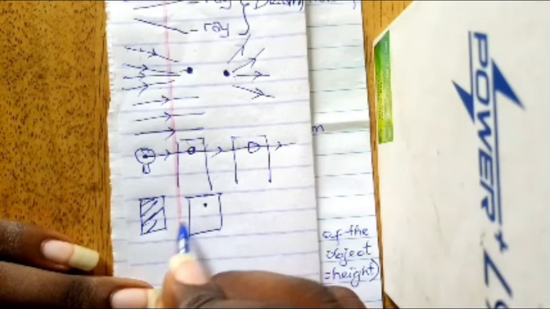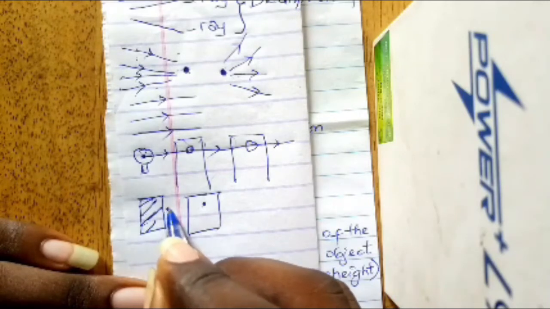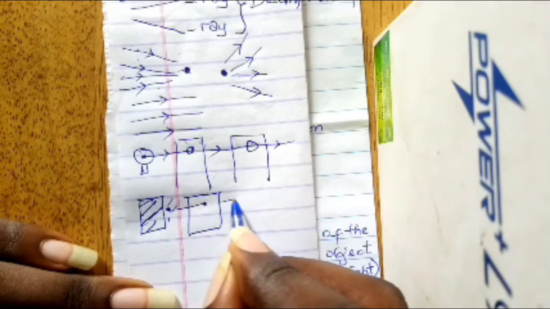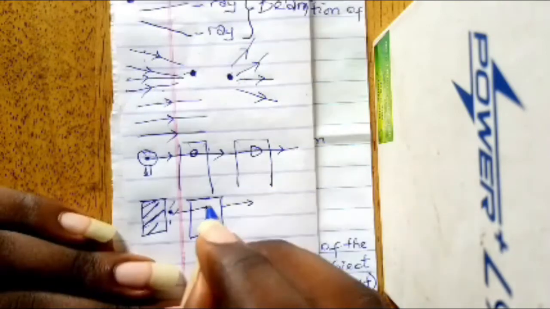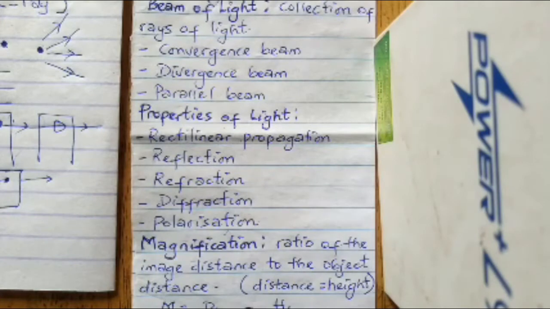But for a wall that has a particular hole, it can be observed that on applying a source of light, you can see that the light ray passes through that tiny hole and comes outside, that is, it travels in a straight line. So rectilinear propagation of light simply tells us about the property of light to travel in a straight line, and the experiment which brings this into play is the ray box experiment. So light travels in straight lines.